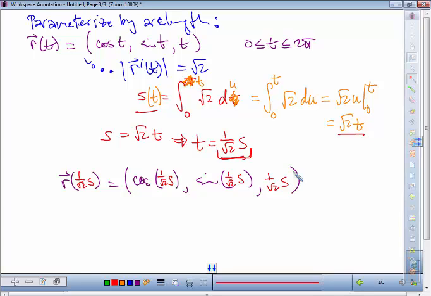So that now is a reparameterization. I reparameterized it to draw the same curve. What does that mean? What good is that?